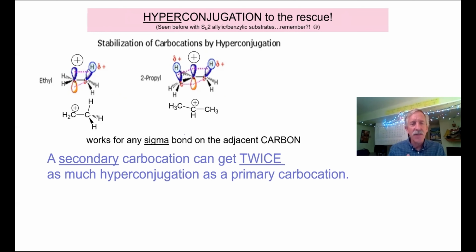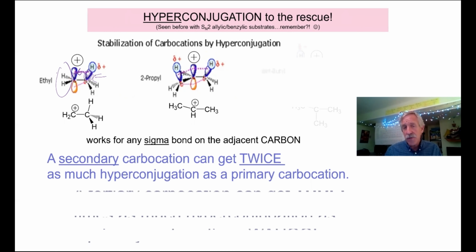I apologize if the picture's a little blurry, so please stop and look. But notice these CH bonds. If it's a primary carbon, I can donate a little bit of this CH bond electron density into that empty p orbital. But notice if there is no CH, if I just have hydrogen sticking straight out, there's nothing for me to borrow electron density from.